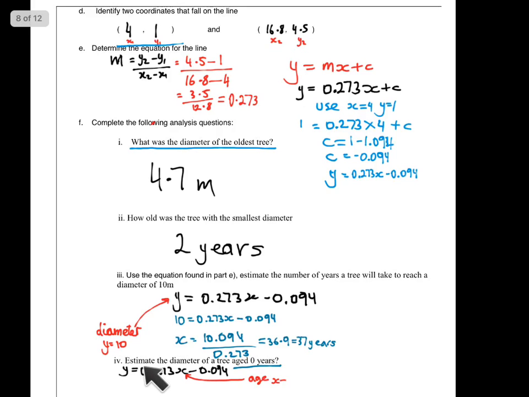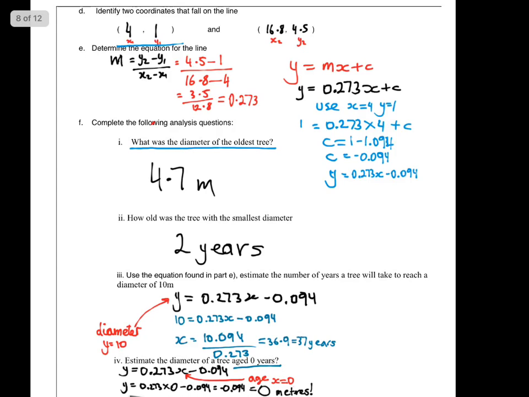Then the next question, it says estimate the diameter of a tree at the age of 0. So essentially what we're doing now is, from the equation, x just represents the age. So I use the value where age is 0. That means x is equal to 0.